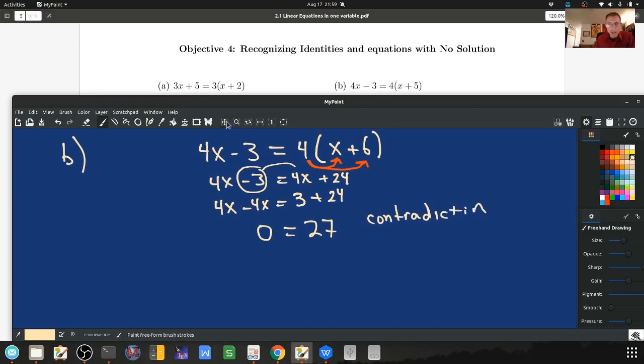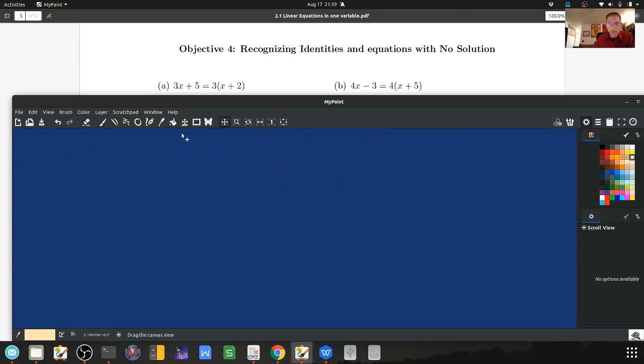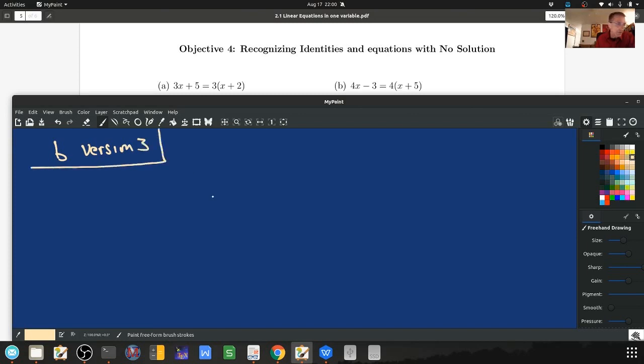Let's actually change it to what I wanted to change it to. 2 examples. It doesn't hurt to see a different one. This is B version 3, and I only meant for there to be 2 versions.